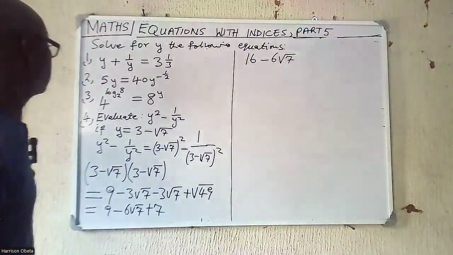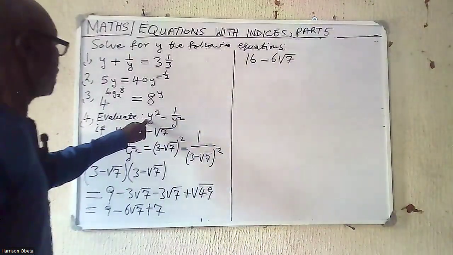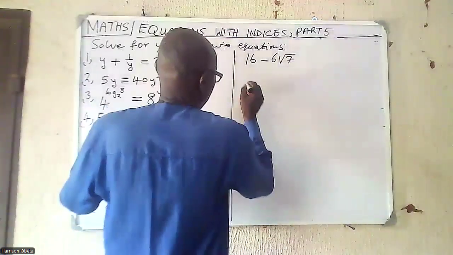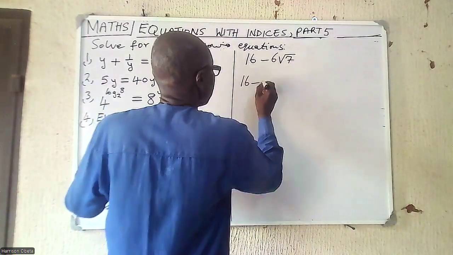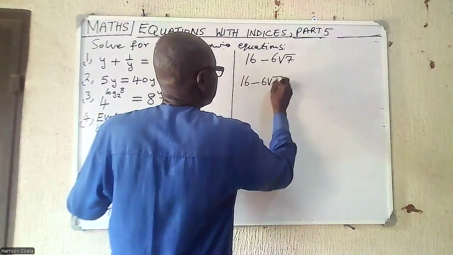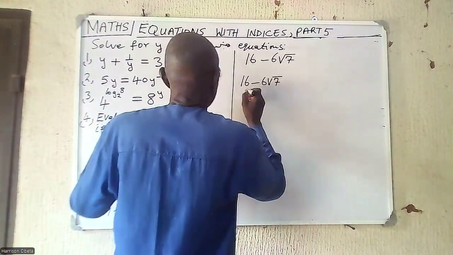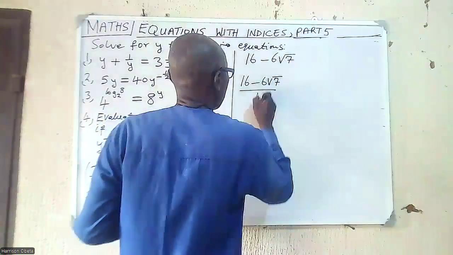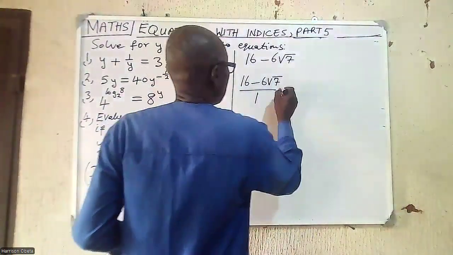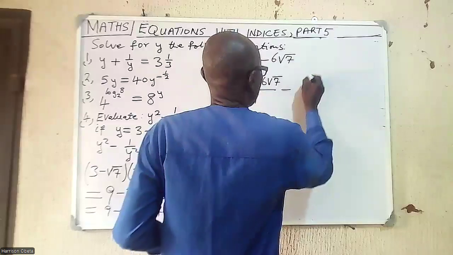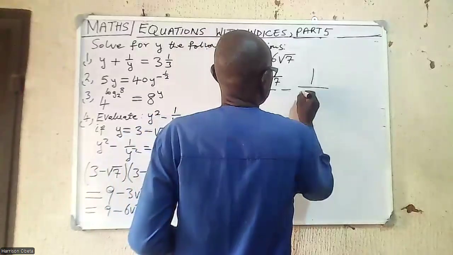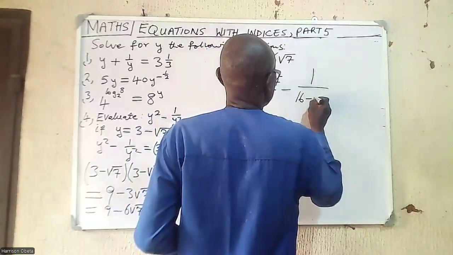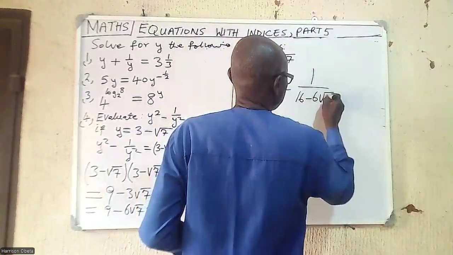That means that going back to the question now, we have (16 minus 6 root 7) all over 1, minus 1 all over 16 minus 6 root 7.